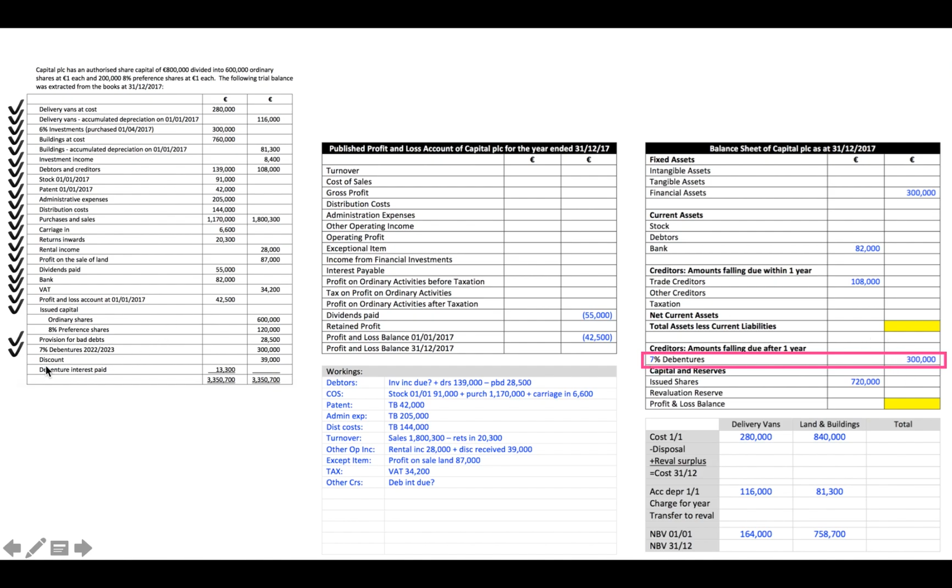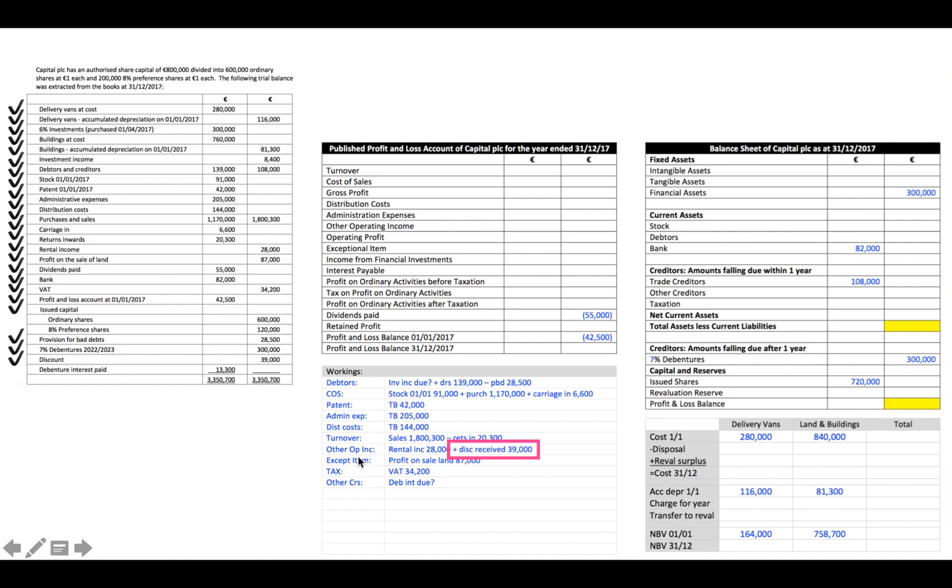Then we have discount. Discount, as you can see, is on the credit side. So discount on the debit side, okay, this side here, would be discount allowed. That would be an expense given to customers. So a discount allowed is an expense. Discount received is an income. Incomes go on the credit side.